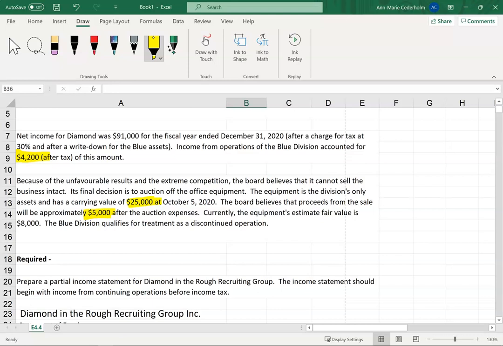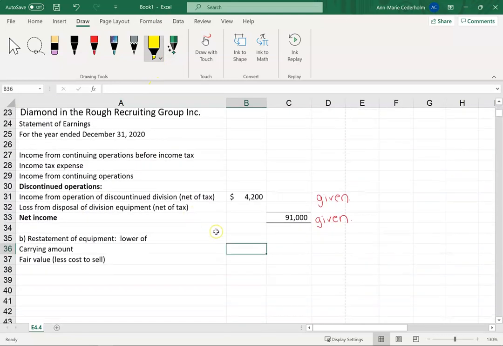And then we would do the lower of the fair value minus the cost to sell. So that's the $5,000, or the carrying value of the $25,000. So the carrying value was $25,000. The fair value less cost to sell is the $5,000. And both of these are given to us. So I'll just write given.